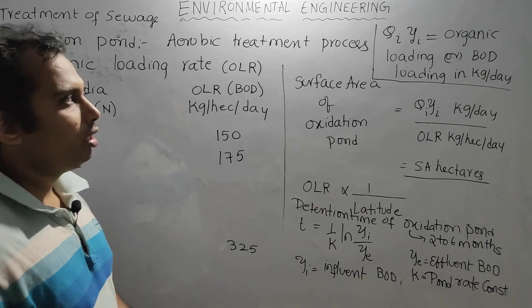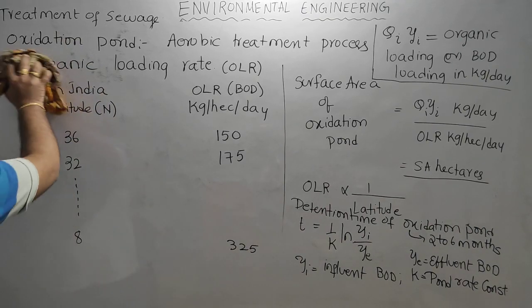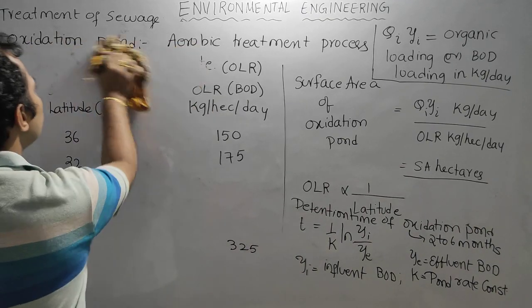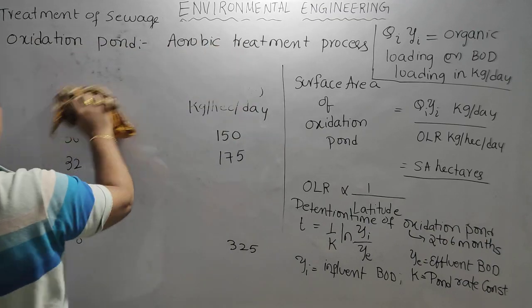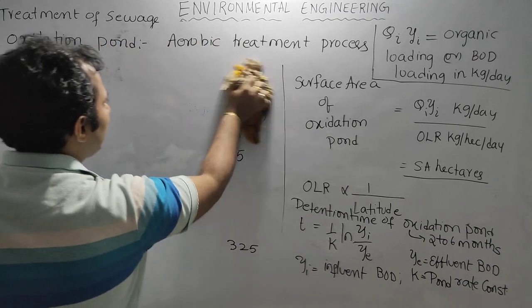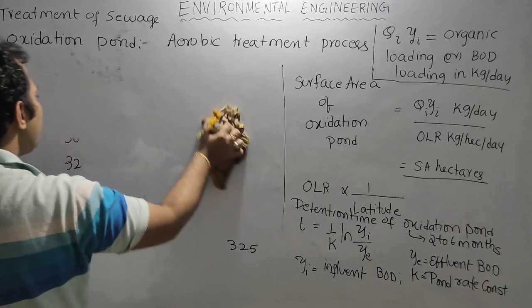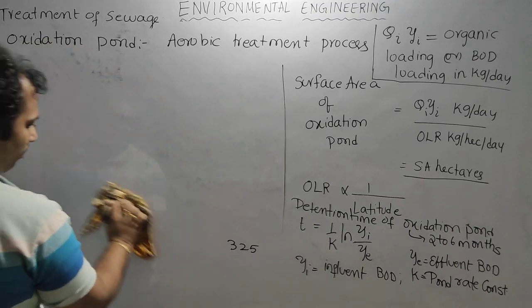If the depth of the tank is more than 2.5 meters, the sunlight can only penetrate up to a smaller depth.